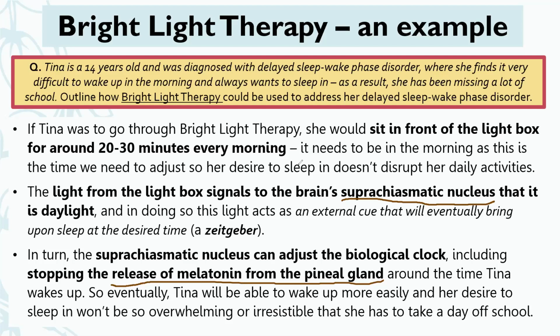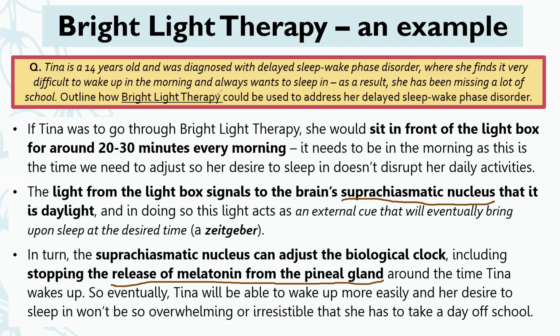So basically, that's bright light therapy, and I think that's about it for our lesson today. The takeaway from this slide is to remember bright light therapy is used to readjust the timing of when melatonin is released. The minute that melatonin is released, that's when you start to get sleepy.